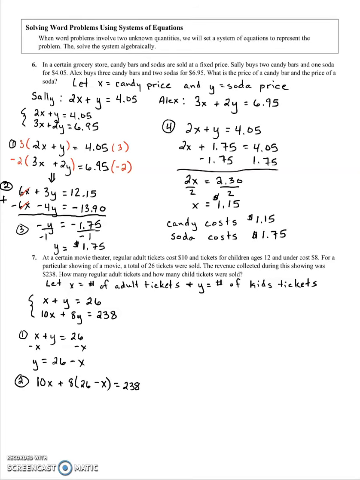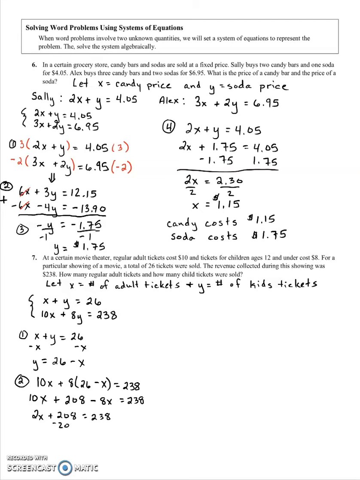And now we need to solve for x. So we have 10x, and then plus 8 times 26 is 208. And 8 times a negative x gives us minus 8x equals 238. Combining like terms on the left-hand side, 10x minus 8x gives us 2x plus 208 equals 238.